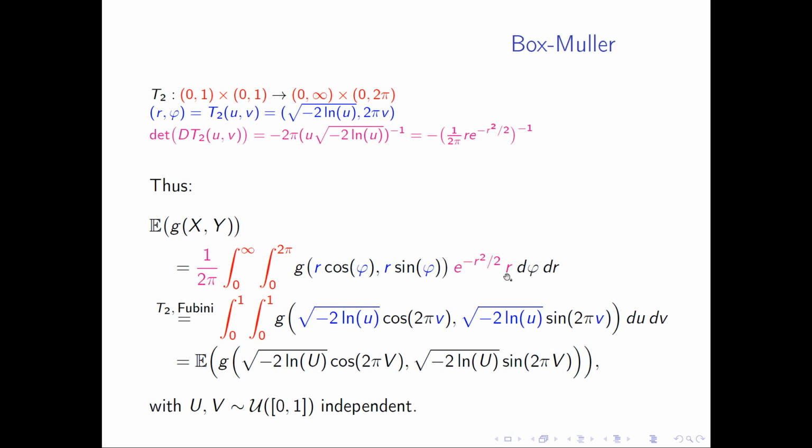Here, well, that's the cleverness of this transform. So the Jacobi determinant reads as this. But here you can see we have the square root of minus 2 ln u, which we have already here. So the square root of minus 2 ln u is r. And by calculating, one also sees that u is e to the power of minus r squared over 2.